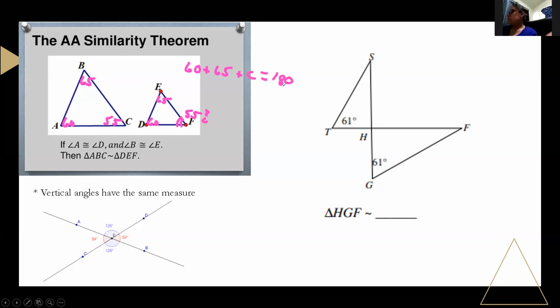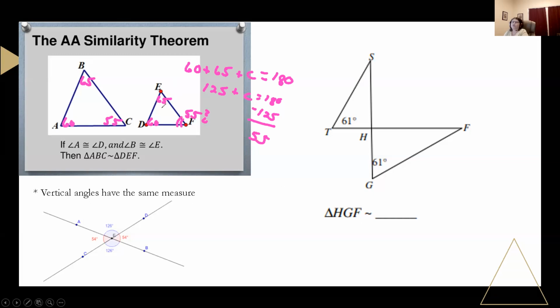And so I would add those two together, and I get 125 plus C equals 180. And then I would subtract 125, right? And what do I get? 55. It forces this to be 55 because in all triangles, they always have to add up to 180 degrees.